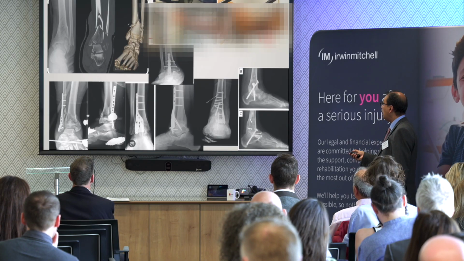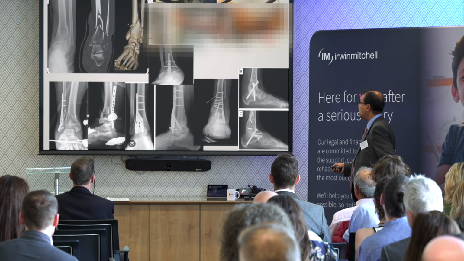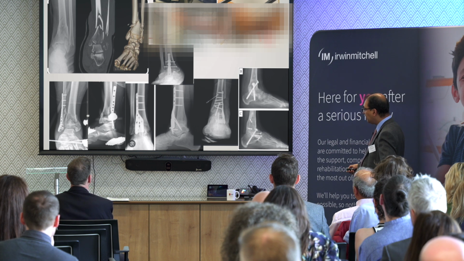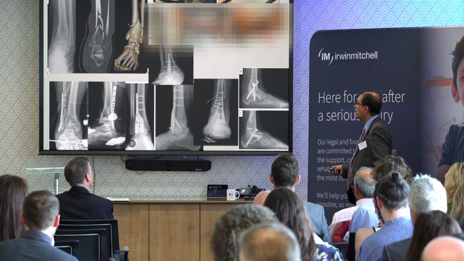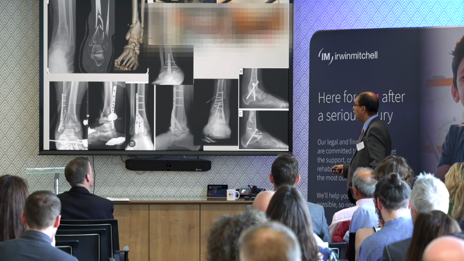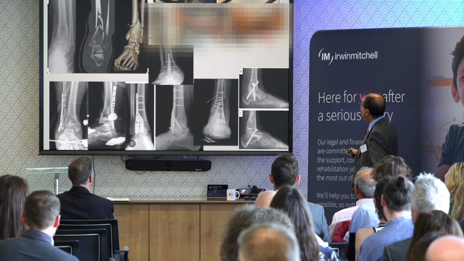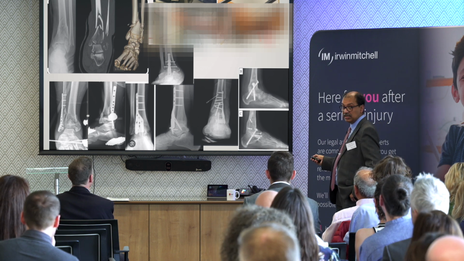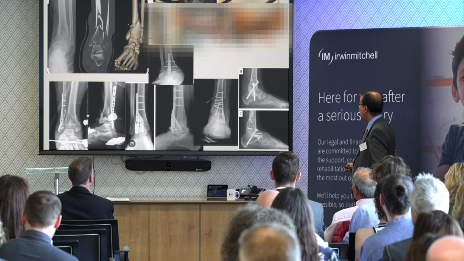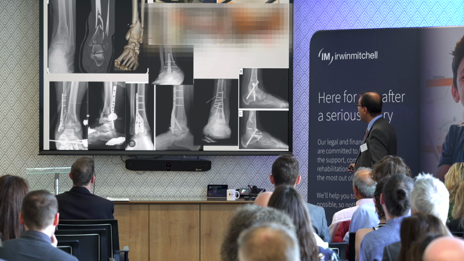So this gentleman had an injury, then was initially just temporarily fixated: the fibula was fixed, along with an external fixator to keep the limb steady. Then the fixation was changed.